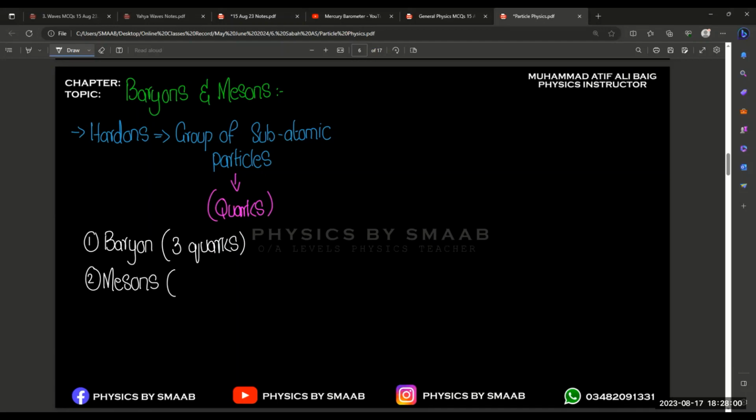So in baryon we are only working with three quarks, right? And in mesons we are working with one quark and one anti-quark, right? So there is a pair, basically a pair of quark and anti-quark.